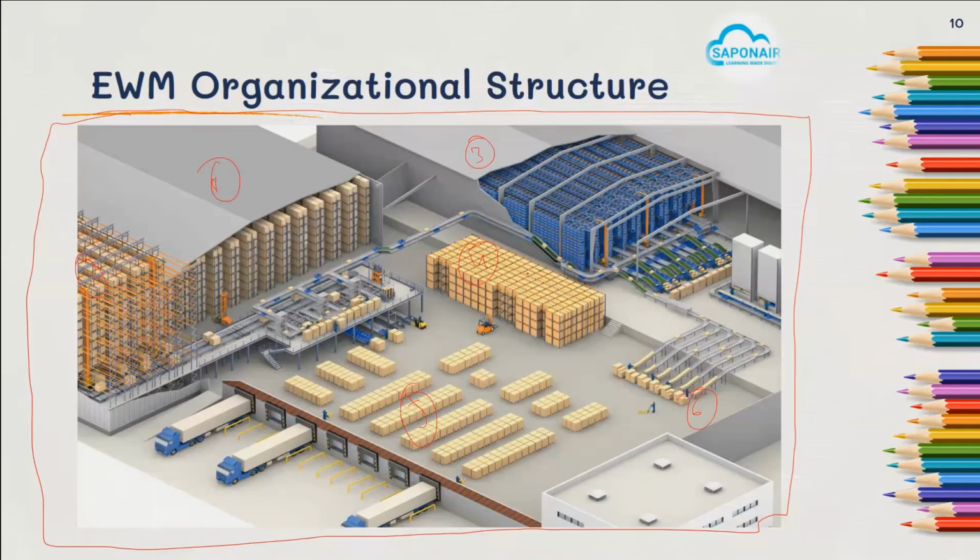So I have divided my warehouse space between storage types, and within the storage types I can put sections. This is section one, and this is section two. And finally, this is the bin where we keep the pallets. This is how the org structure is defined.